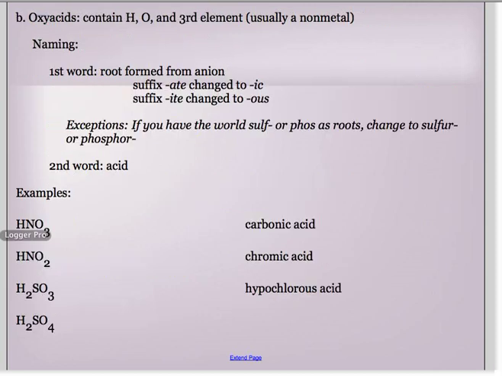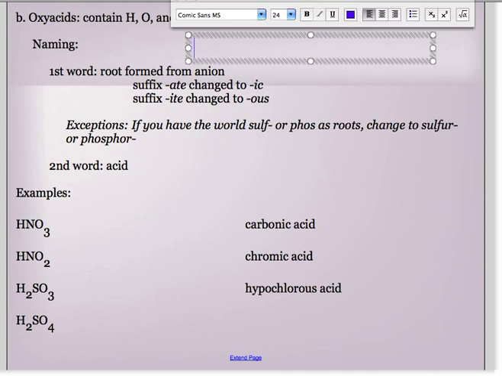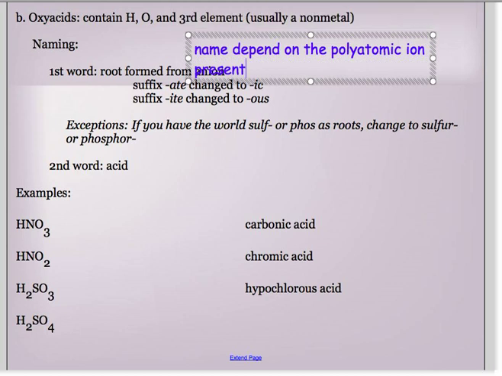The other type of acid is called an oxyacid, and you have an H, still going to start with H. You're going to have oxygen, and you're going to have something else. And the name is going to depend on the polyatomic ion present. Let me just move that so you can read it.